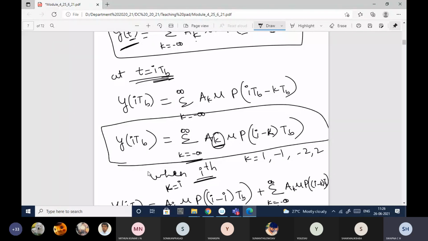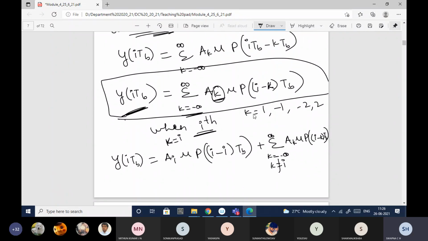Now see the decision device, what it has to do, it has to compare this y of ITB with the threshold value. Based on this value, it will take a decision either with respect to 0 or with respect to 1. Now let me consider that I want some particular symbol, so k is equal to 1 or k is equal to 4 or k is equal to 50, something like that.